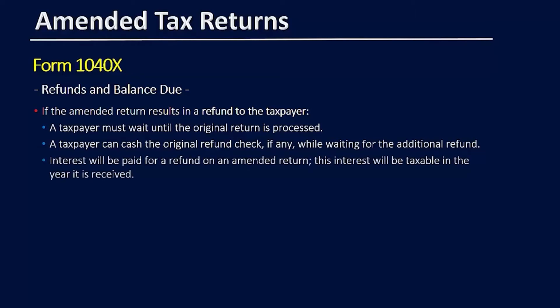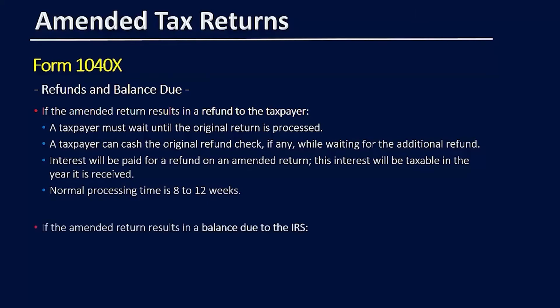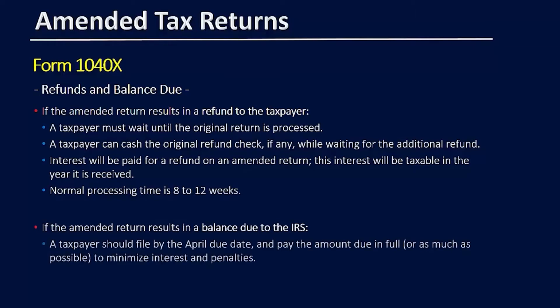Interest will be paid for a refund on an amended return, and this interest will be taxable in the year that it's received. The normal processing time for an amended return, Form 1040X, is 8 to 12 weeks. If the amended return results in a balance due to the IRS, a taxpayer should file by the April due date and pay the amount due in full, if possible, or as much as possible, in order to minimize interest and penalties on the tax return.